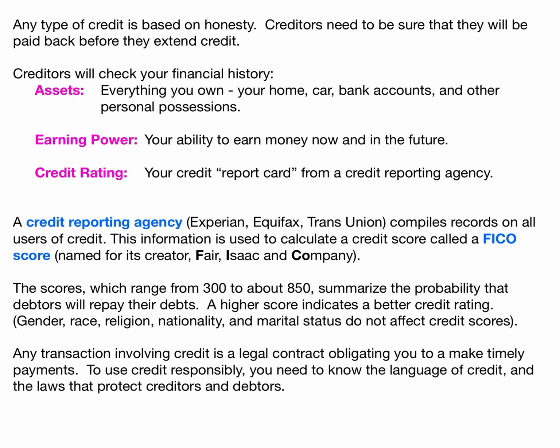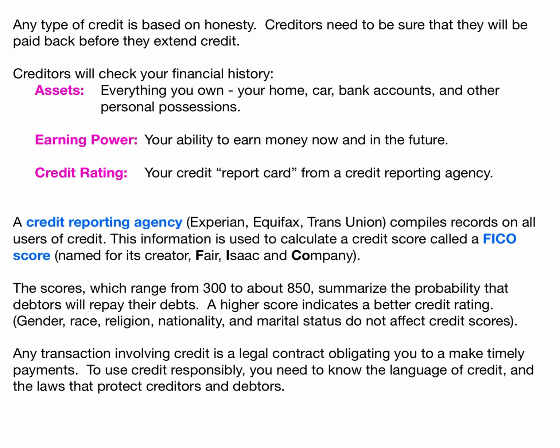This doesn't happen with all types of credit, but these are possibilities. Assets are things that you own, physical things: your home, a car, bank accounts, and other personal possessions. The other thing that creditors will look into is your earning power, not just how much you make now, but your ability to make even more money in the future. That's important to them if they decide to extend credit to you.